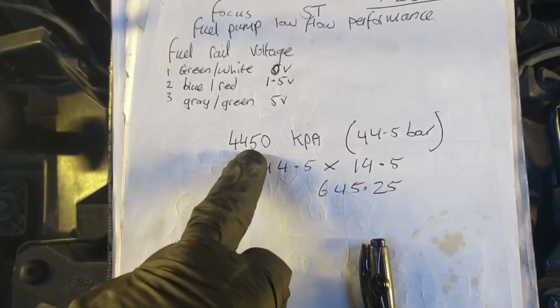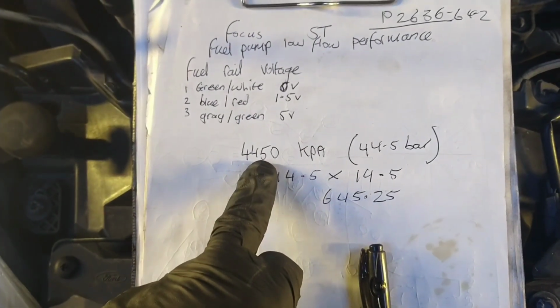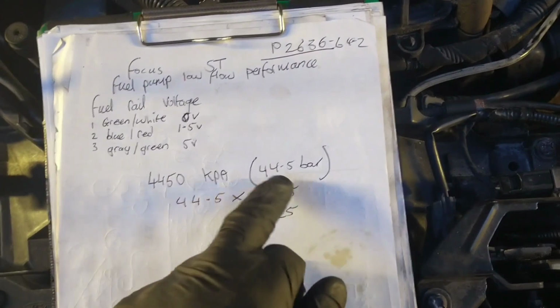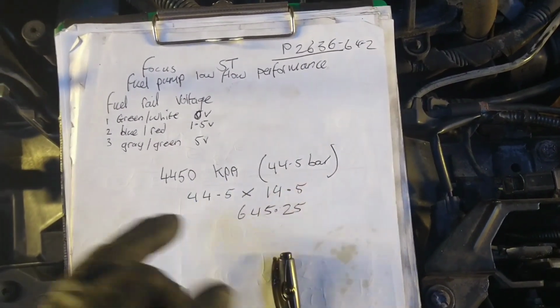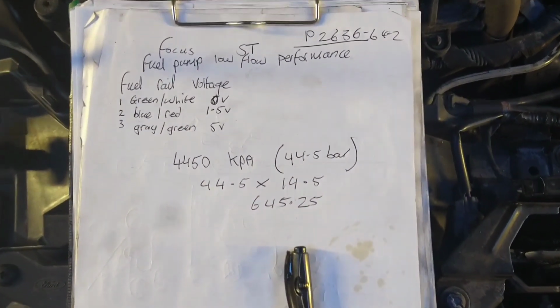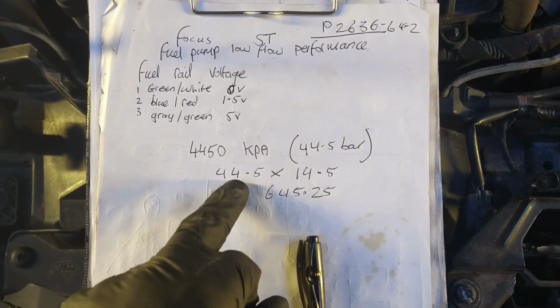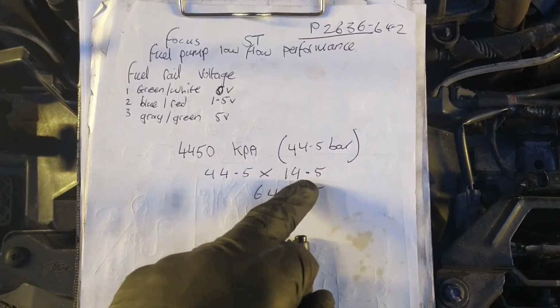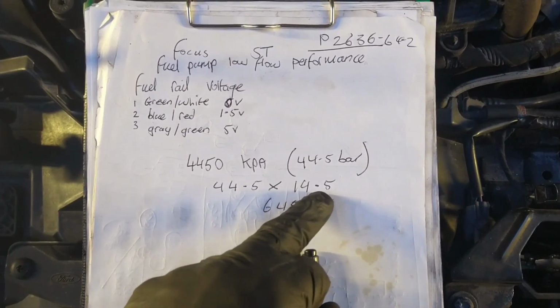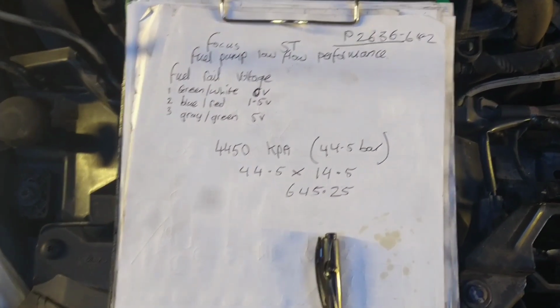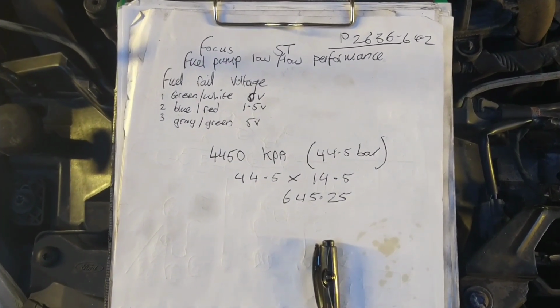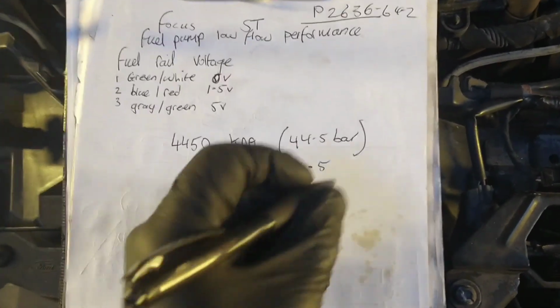Anyway, back to this. That was the kPa, because that's what I was getting as a reading on the scan tool. I changed it into bar to get some idea what it was. Then I changed the bar, I times it by 14.5, so that's approximately the amount of PSI.